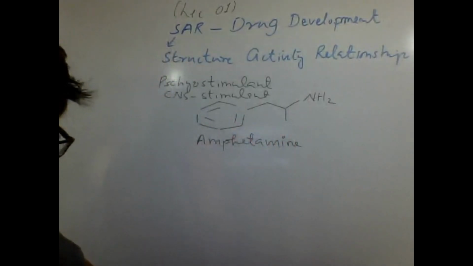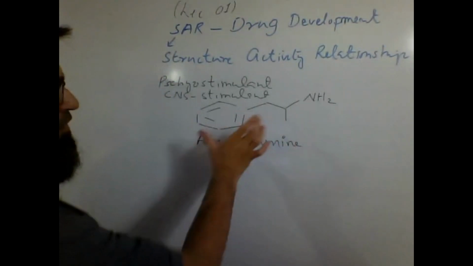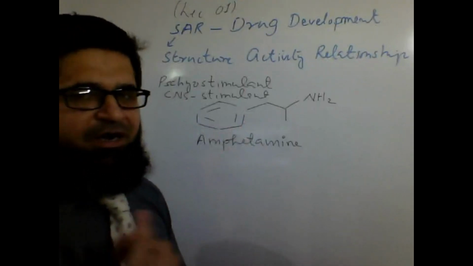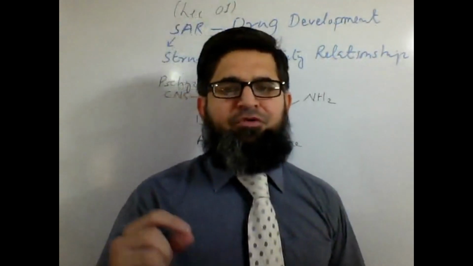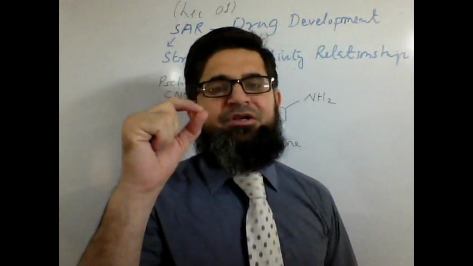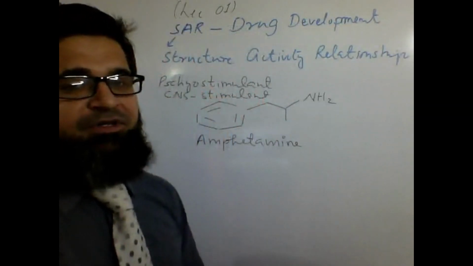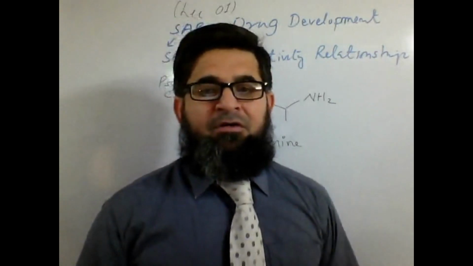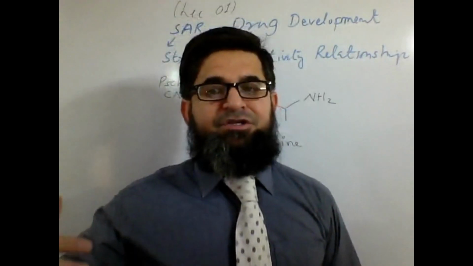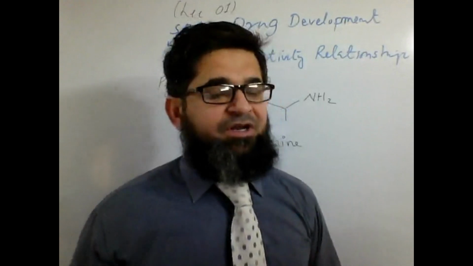What people have done, they took this molecule and played around with its structure. They performed minor to major structural modification in order to prepare its analogs, and they tried them for the same CNS stimulant properties, and they saw minor to major changes in its pharmacological activities.